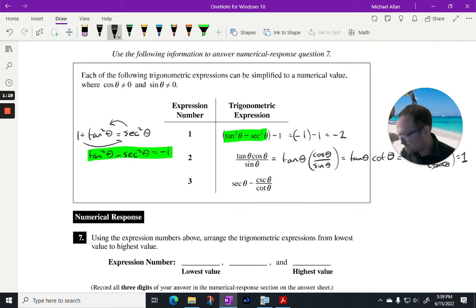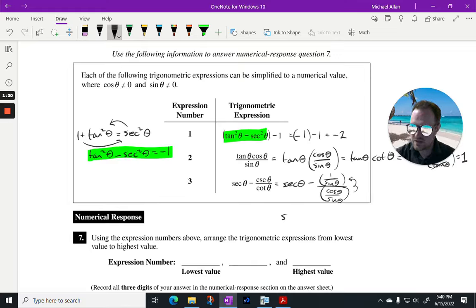I've got a lot of things here, so I'm going to deal with this quotient part and see what happens. I'm going to leave the secant alone for now. This would be 1 over sine, and cotangent is cos over sine. What we can do is multiply by the reciprocal.